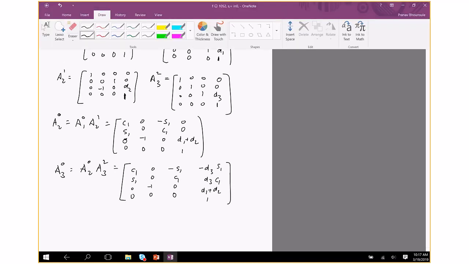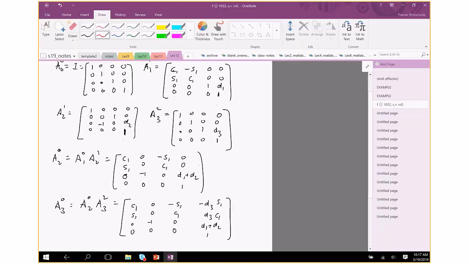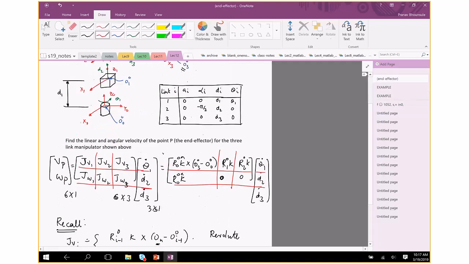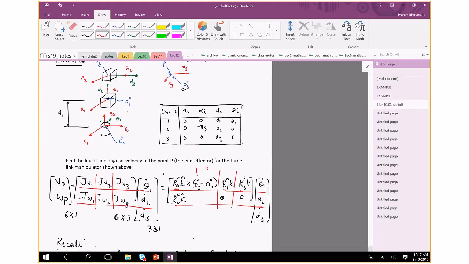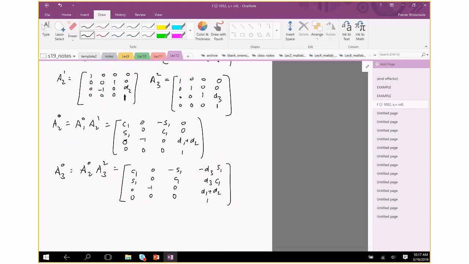What we are after is, if you go back, we are trying to evaluate R00K, R10K, R20K, and then of course these two things. So let's try to write them down from the formula here. So O00 is simply 0 0 0, right?